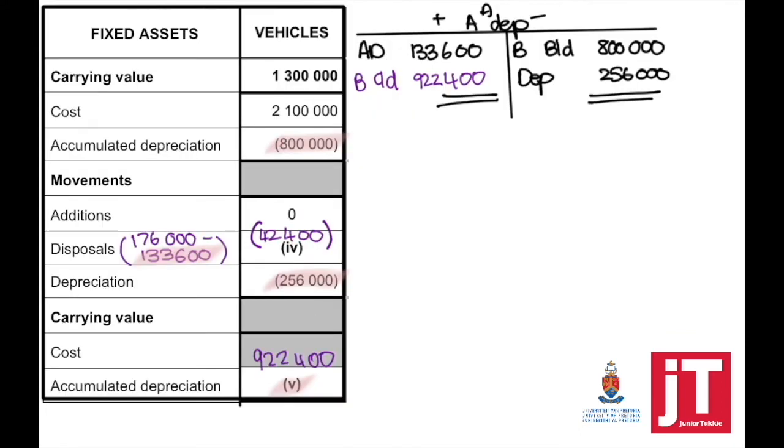This is not part of the question, but I think it's important to understand because this is the most difficult, or what learners find the most difficult, is as soon as we have to calculate using the diminishing balance method on the remaining and there's asset disposal involved, how do we get what was the remaining? So there's different options.